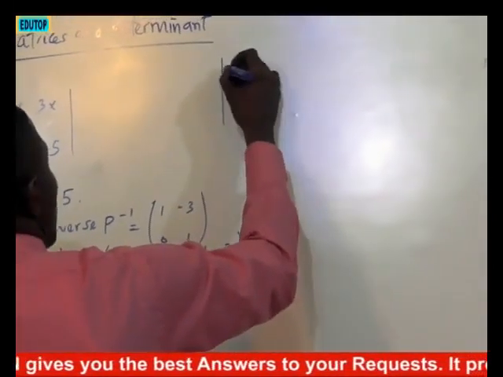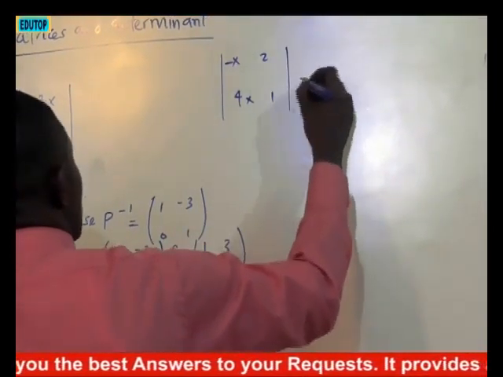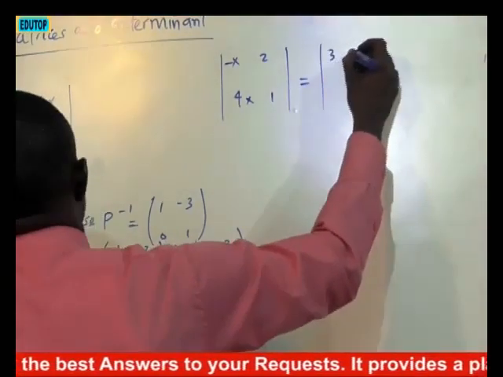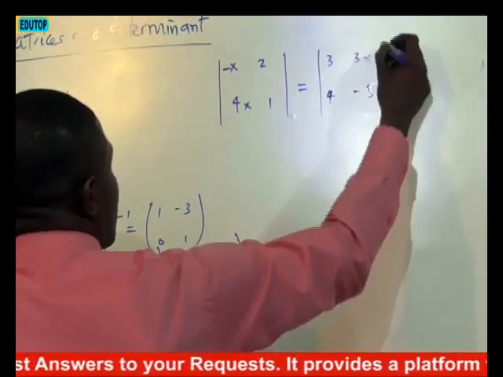x minus x 2 4x 1 is equal to 3x 4 minus 5.